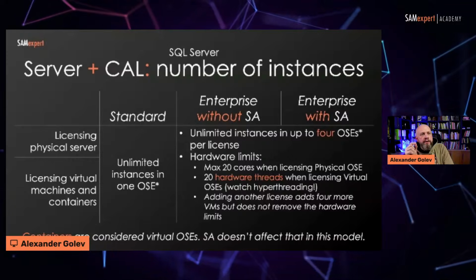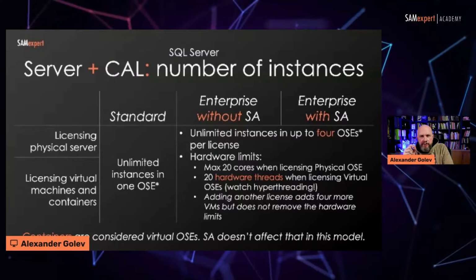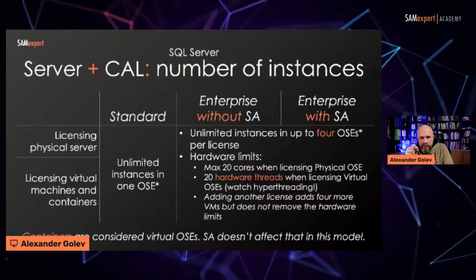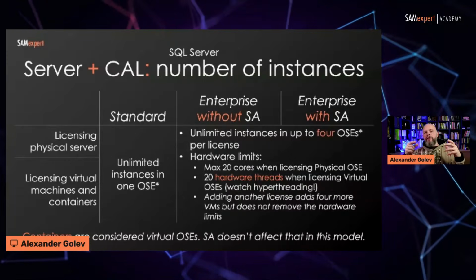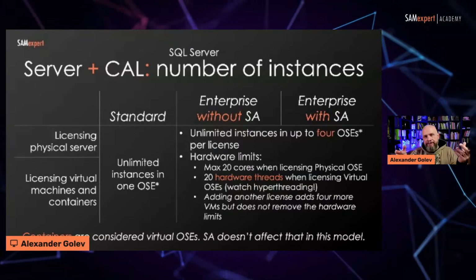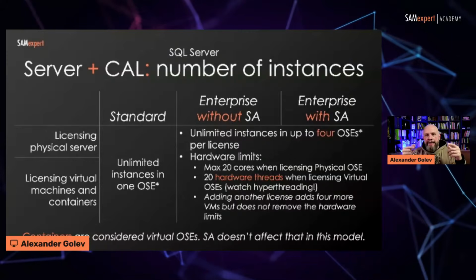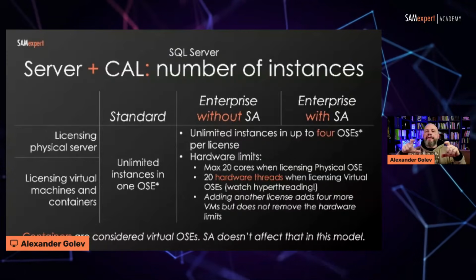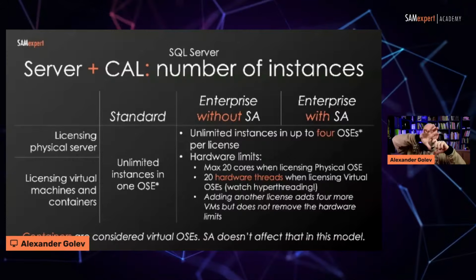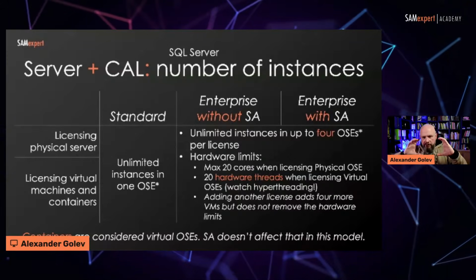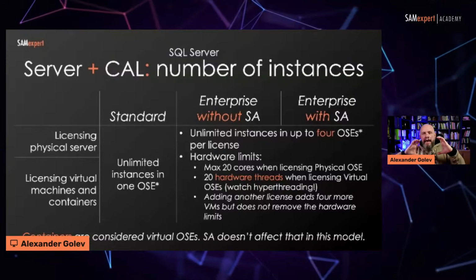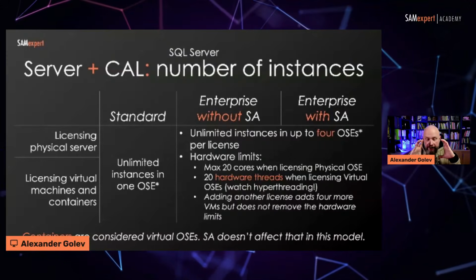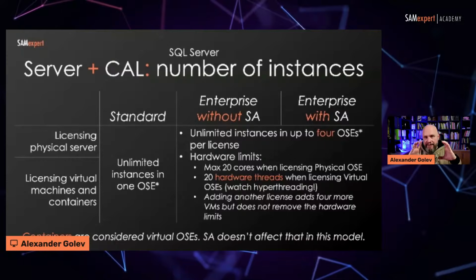When you assign SQL Server Standard licenses to an instance of SQL Server, you essentially assign it to the operating system in which the SQL Server runs. And under that one license, inside the same operating system, not additional virtual machines, in that operating system, one VM or one physical, you may run an unlimited number of SQL Server instances.